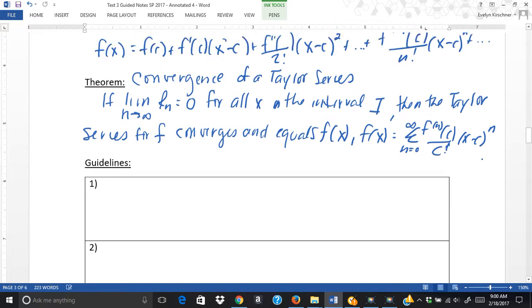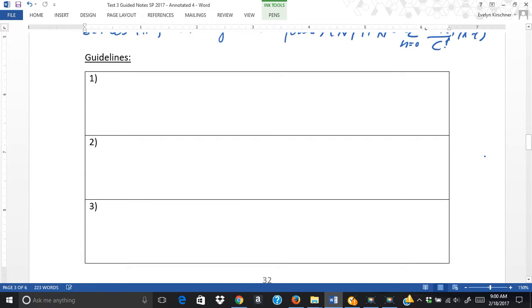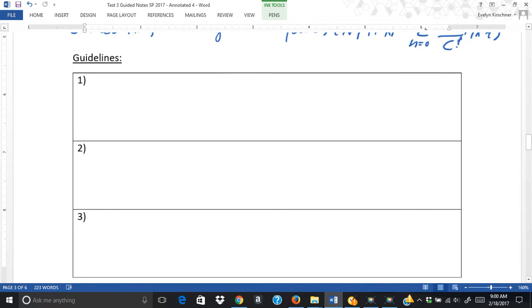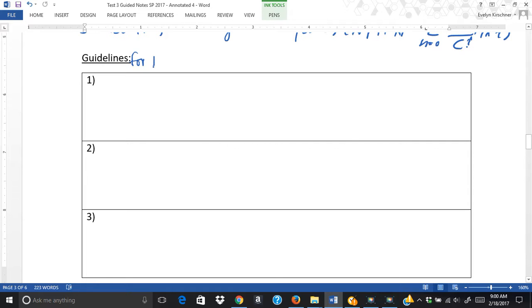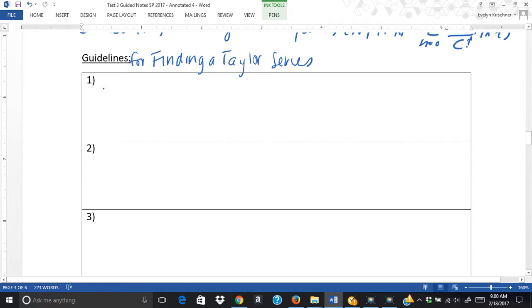So we have certain guidelines for finding a Taylor series. The first thing we want to do is differentiate f and evaluate it at c.